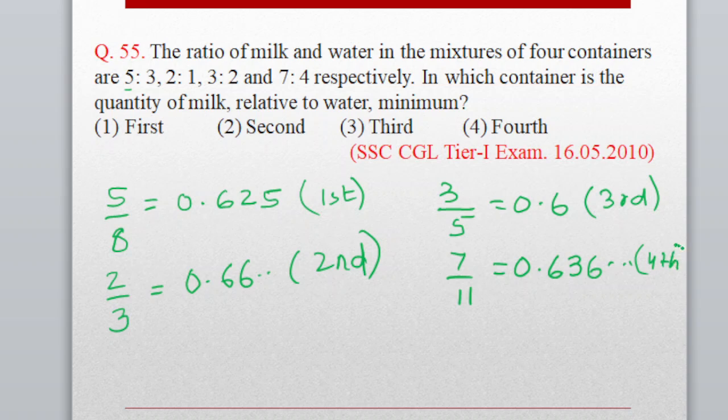Now here the minimum quantity is in the third container. That means option 3 is the right answer.